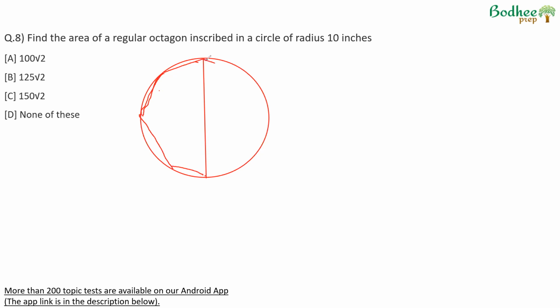Something like this. There was A, B, C. These are all straight lines. D, E, F, G, H. Octagon in a circle.